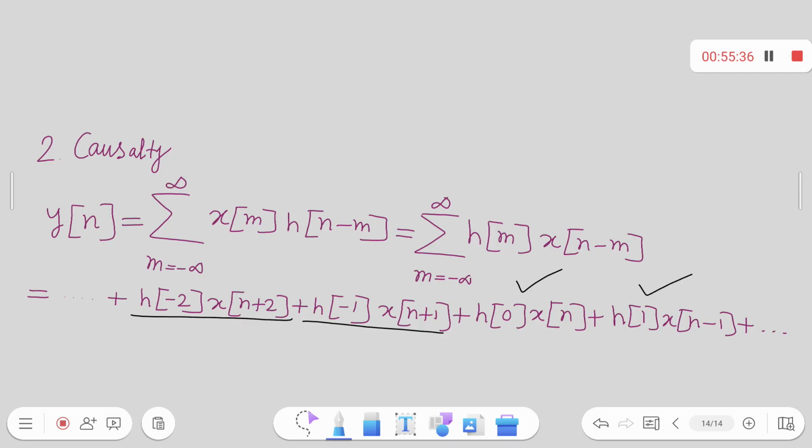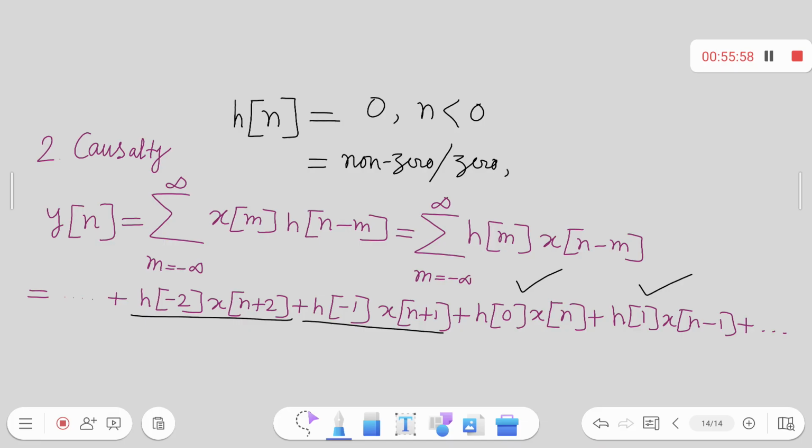So the final condition is that h of n should be equal to 0 for n less than 0, and non-zero or sometimes 0 for n greater than or equal to 0. That condition has to be satisfied: for n less than 0, h of n must be 0.